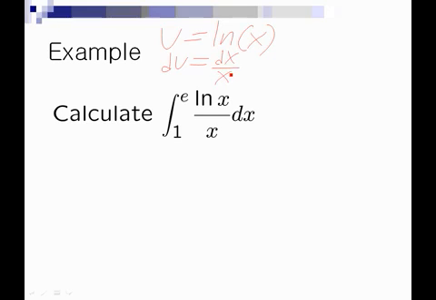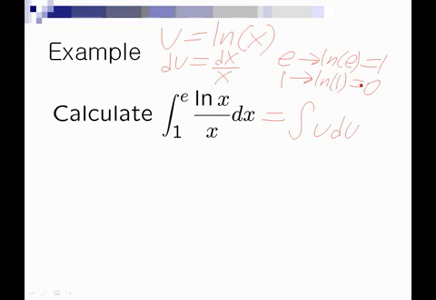That's one possibility we could do. If we do that, now we'll have the integral of u du. And 1 will transform into the logarithm of 1, which is 0, and e will transform into the logarithm of e, which is 1. So we go from 0 to 1, and that will, of course, calculate out to be 1/2.